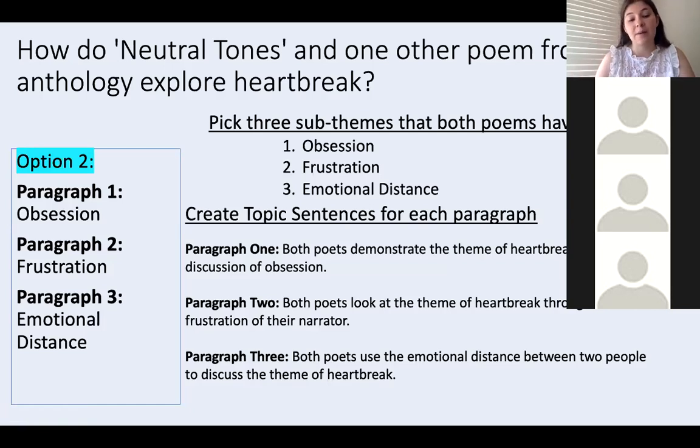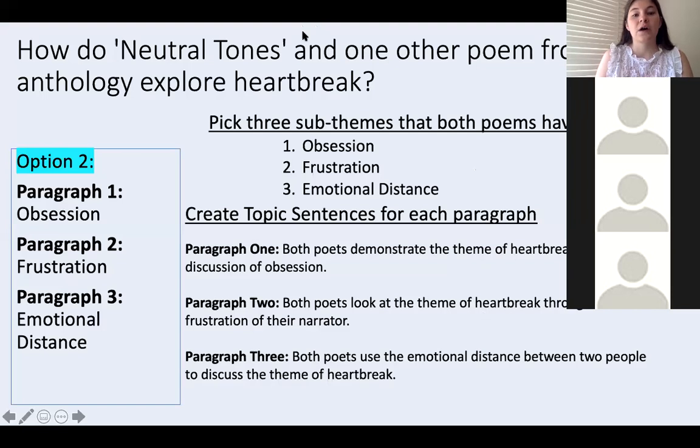So another example, paragraph 2 would start with the sentence, both poets look at the theme of heartbreak through frustration of their narrator, all right? And then paragraph 3, both poets use the emotional distance between 2 people to discuss the theme of heartbreak.